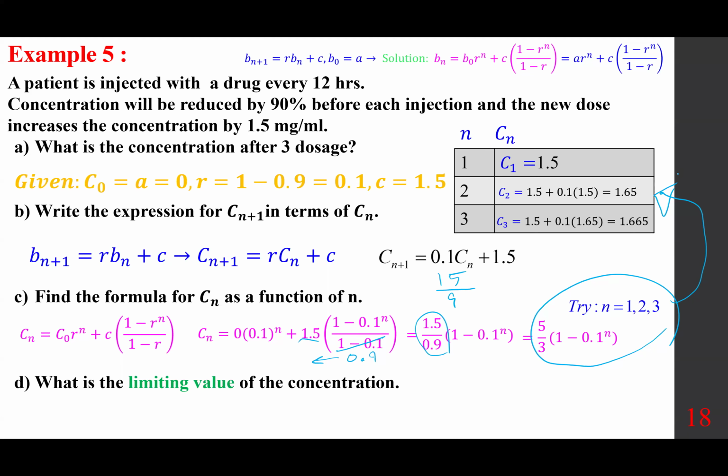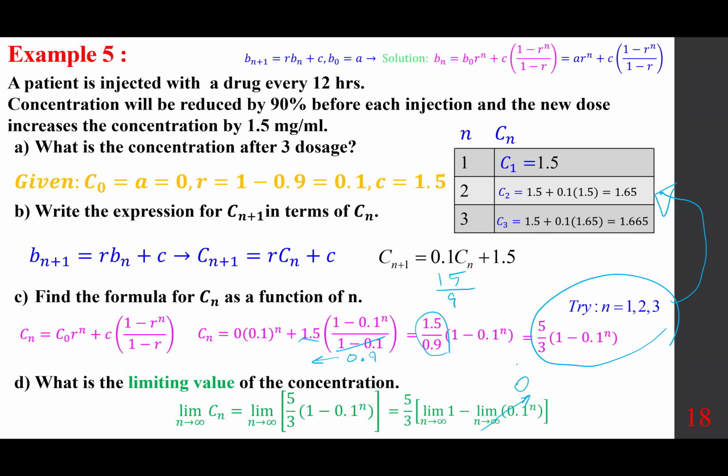Now we want to find the limit of this last expression. So the limit of 5/3 times 1 minus 0.1 to the power of n, we use the limit laws. We take the 5/3 out, the limit of 1 as n goes to infinity, minus the limit of 0.1 to the power of n as n goes to infinity.